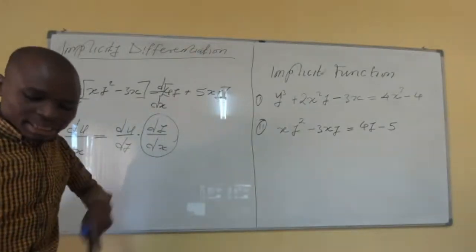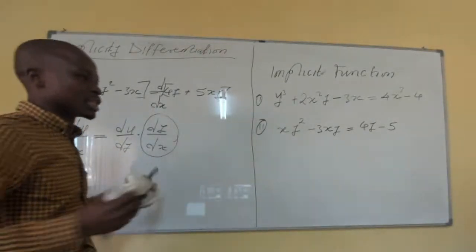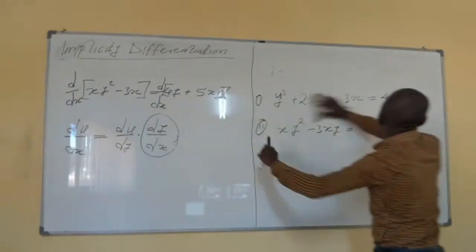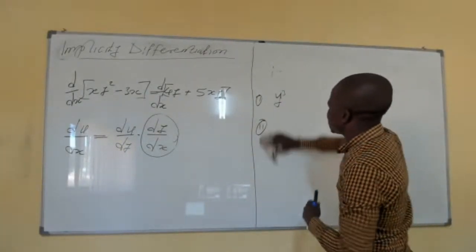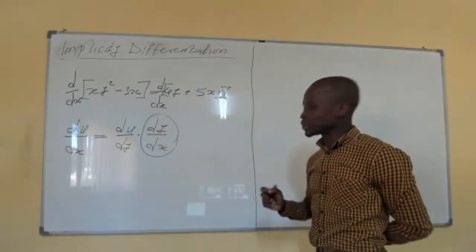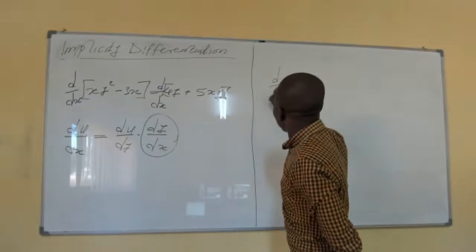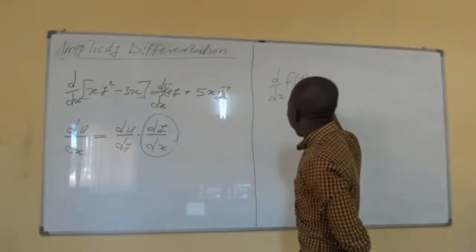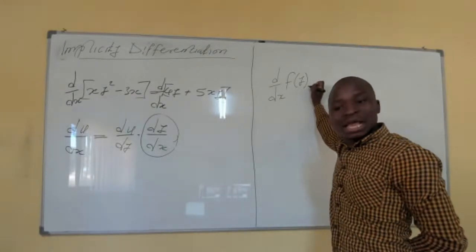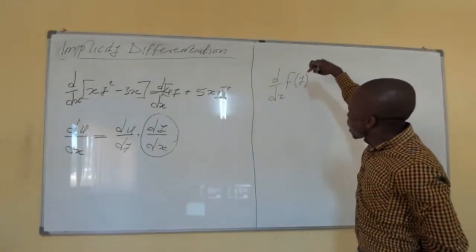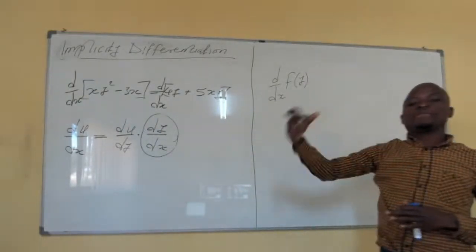Or in a simpler form, if we use the function notation, all you need to do is say the derivative with respect to x. Now, this is a function of y and x, so you have f of y, where y is also a function of x.